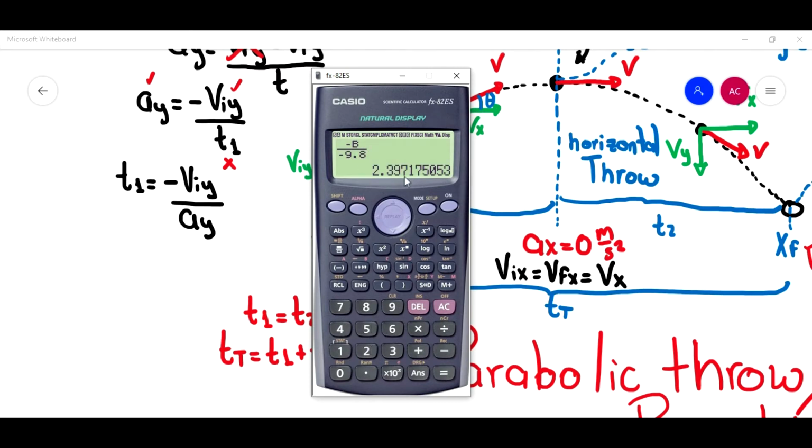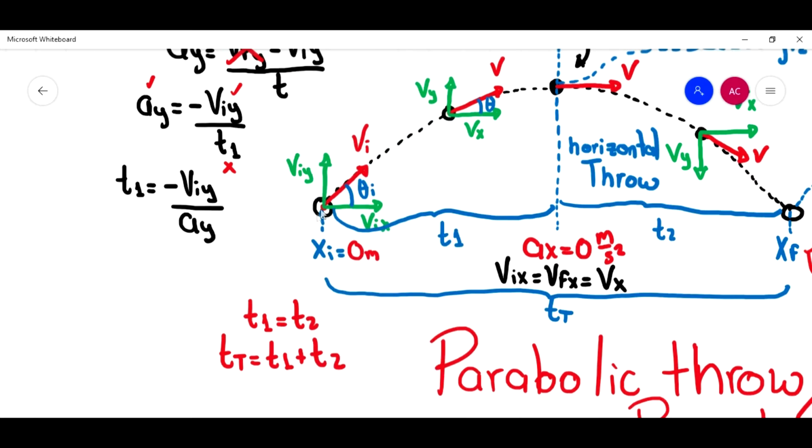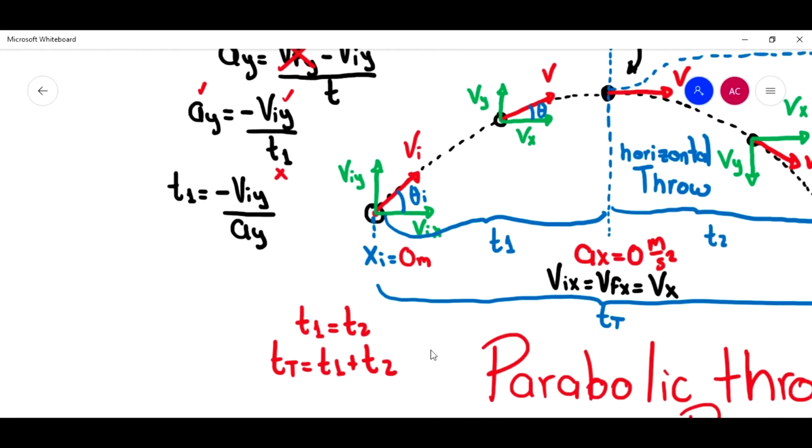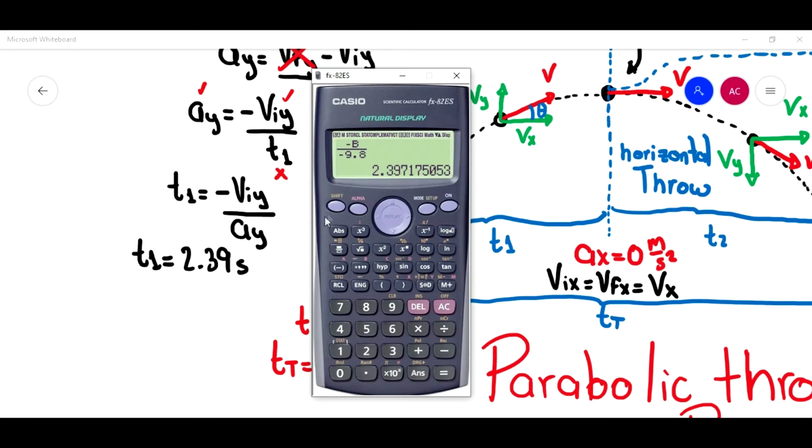Equals, and this is time 1, the time it takes the object to reach the maximum height. That will be half of the total time. So I'm going to write here that time 1 equals 2.39 seconds.